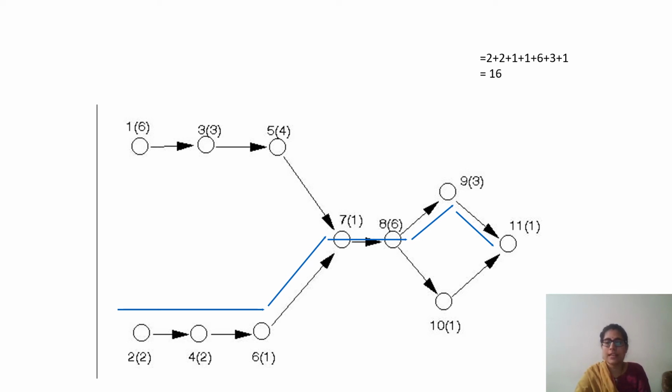So in this path I am calculating the time which is in the bracket, which is not the 2, 4, 6 number, right? It's not the activity number, it's the time taken by the activity. So a total of 16, right?